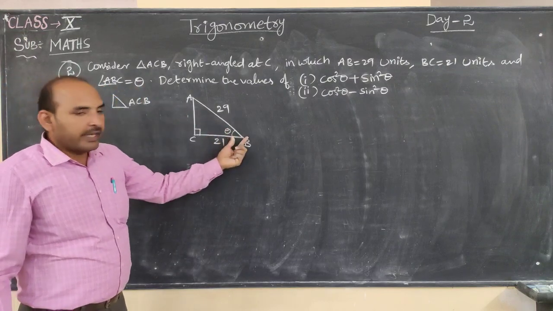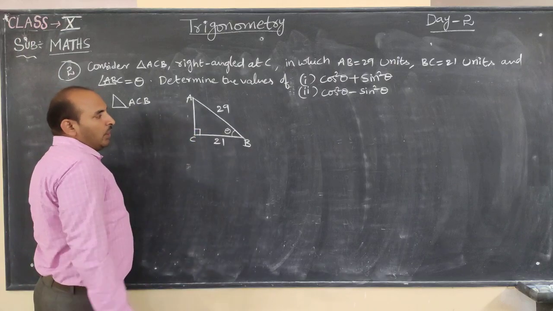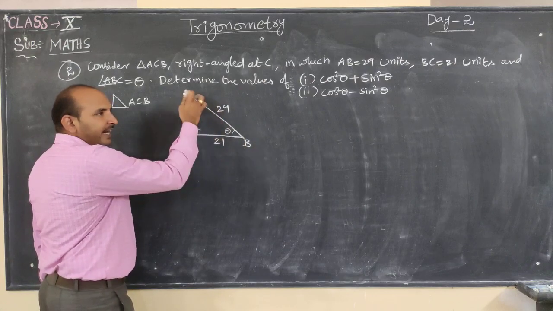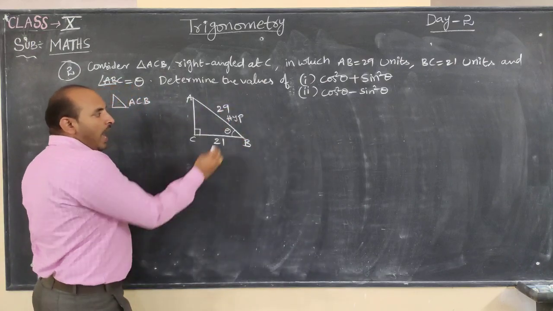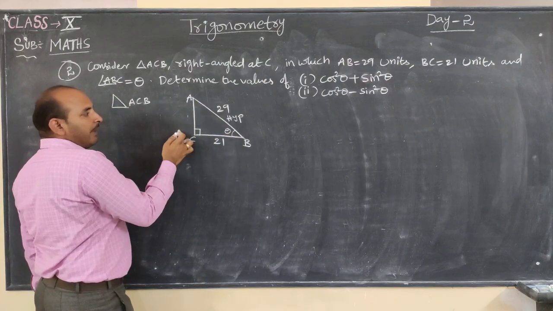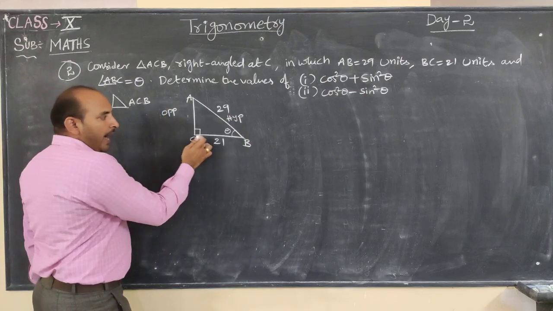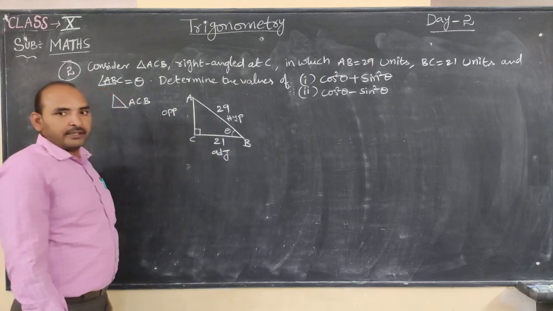Longest side is nothing but the hypotenuse. Opposite to the angle theta is the side AC, this is the opposite side, and adjacent is the side BC, this is the adjacent side.